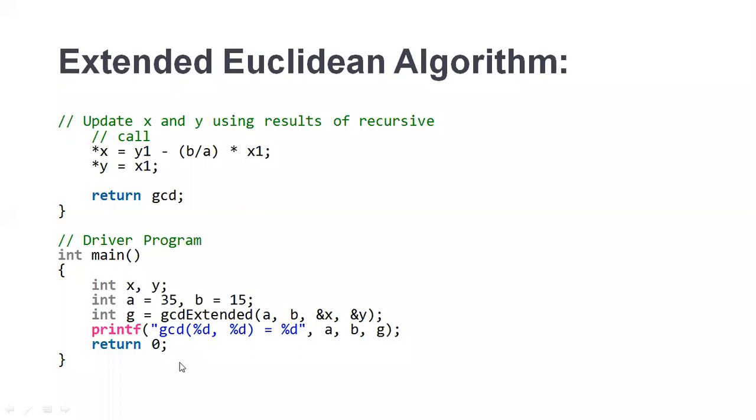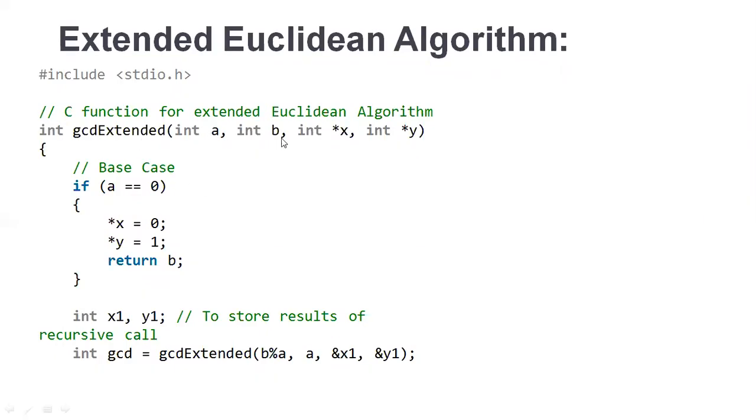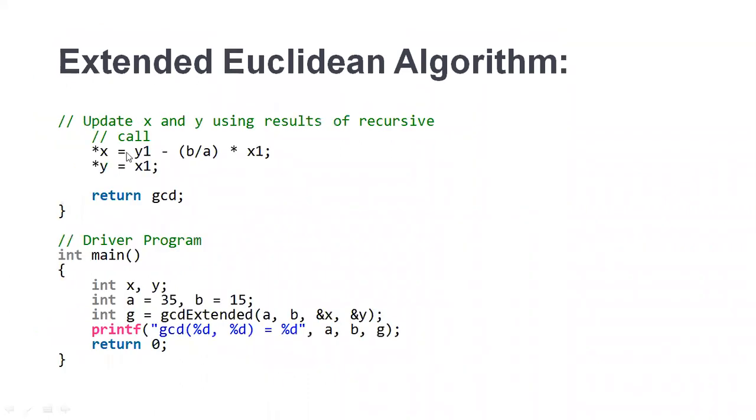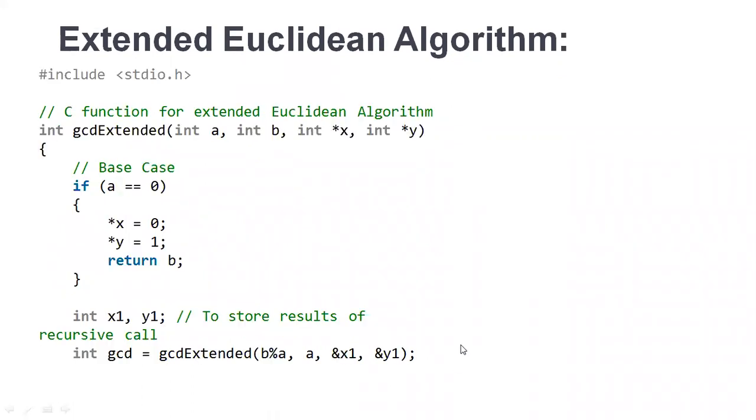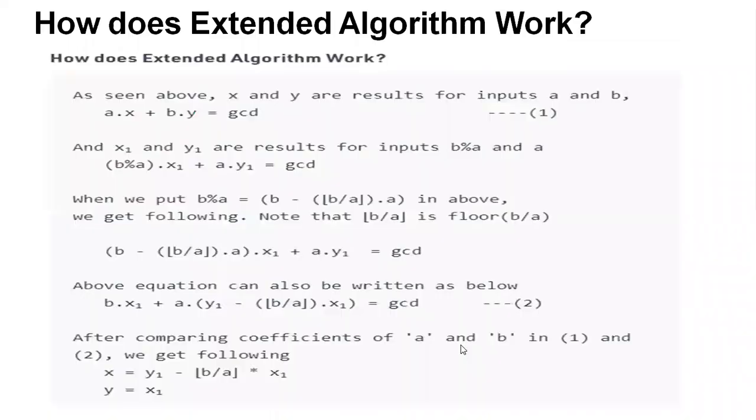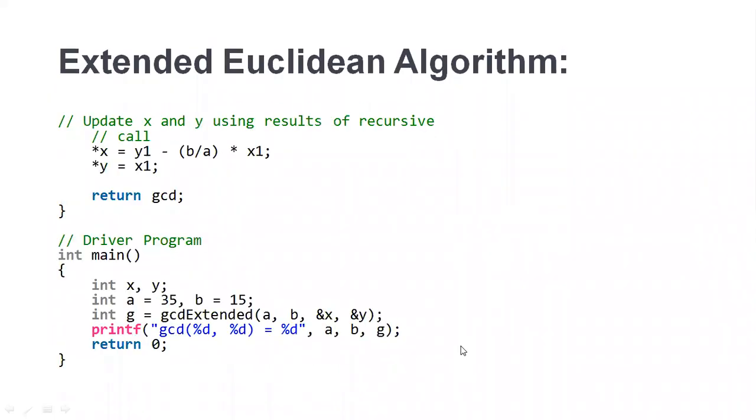These values we are passing into this equation, and recursively we call it, and from here we are getting a GCD. So if you understand the Diophantine equation, you can easily solve this extended Euclidean algorithm.